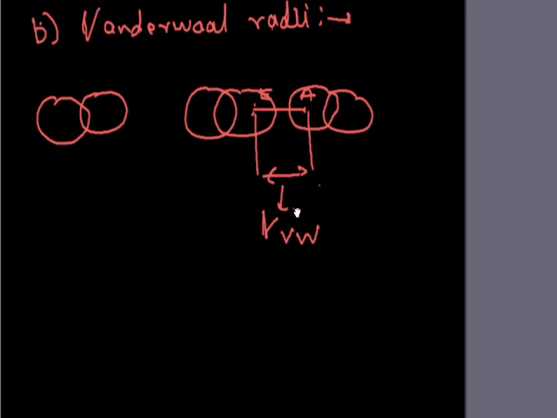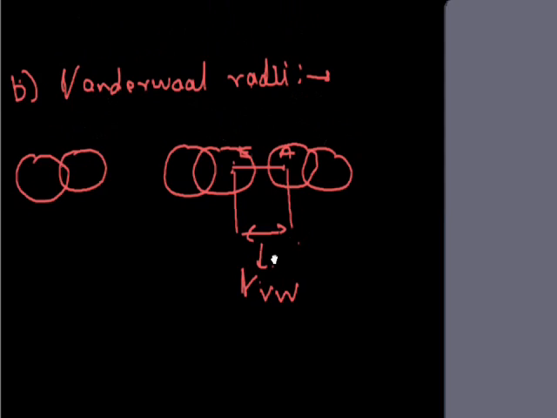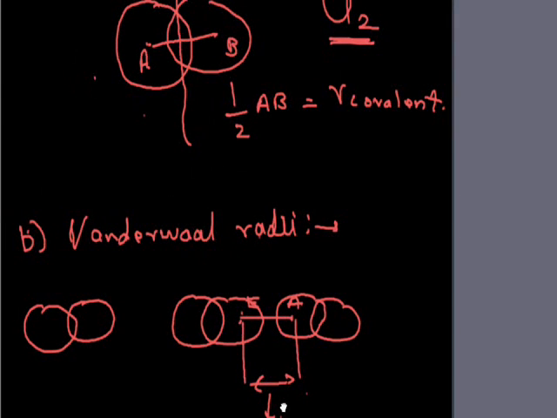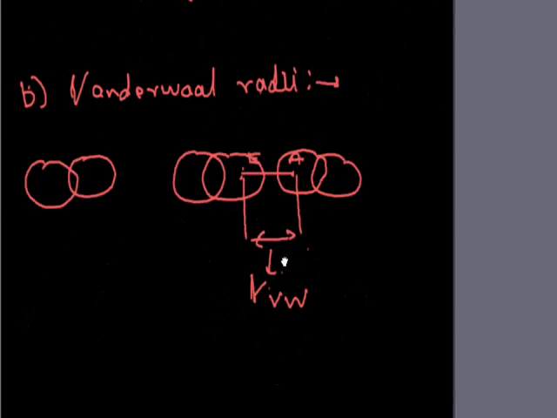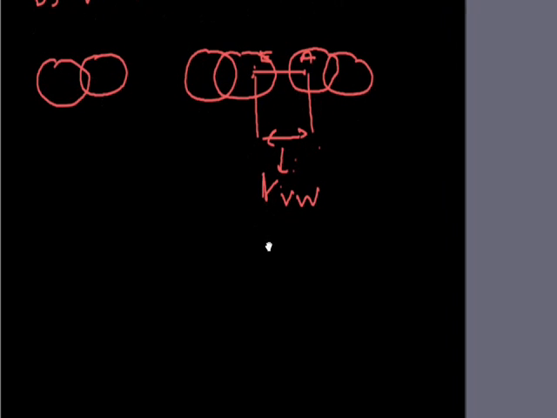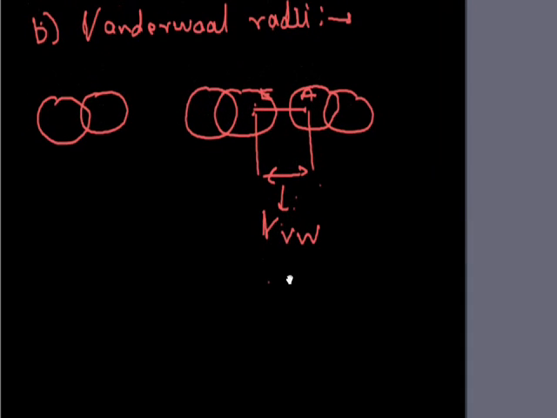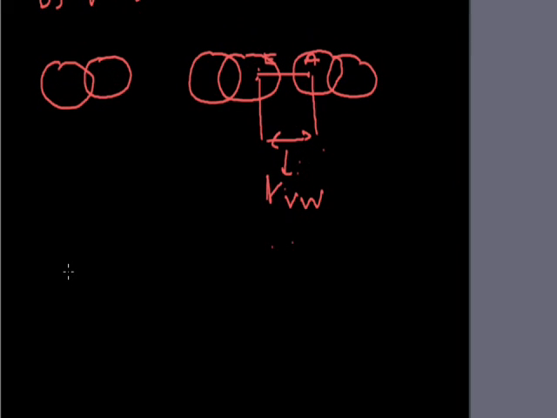Why? Because in this the distance is more than the overlapping, because in covalent radii we were observing that there was an overlapping of two atoms. In this the distance is more than overlapping. So we can conclude that the van der Waals radii will be greater than covalent radii.